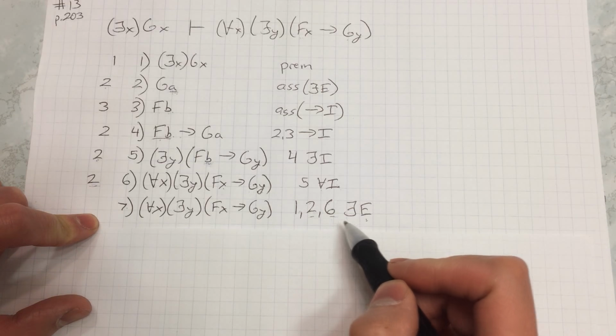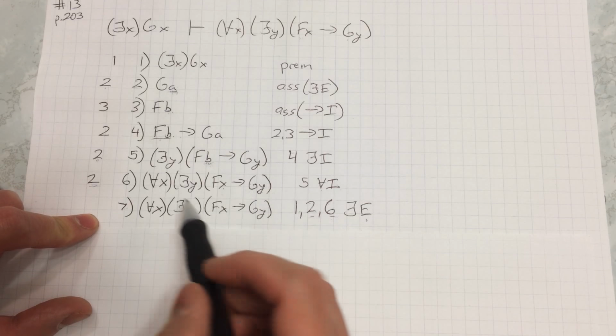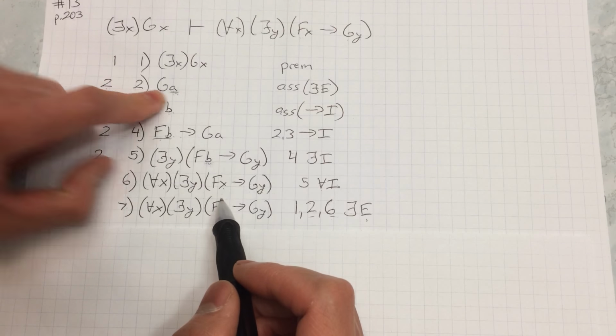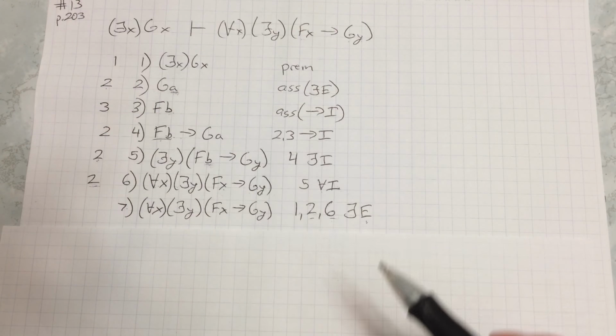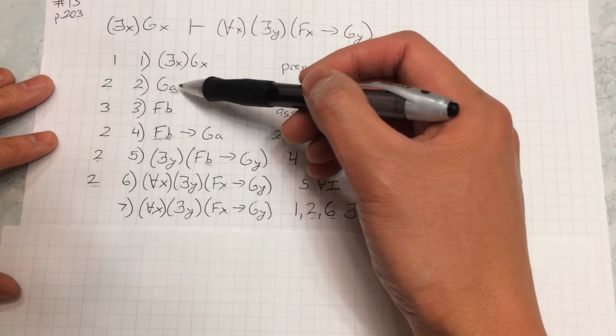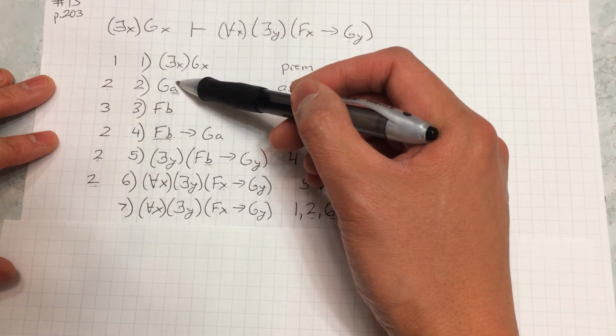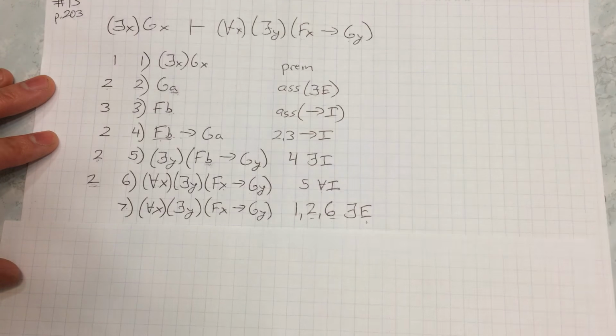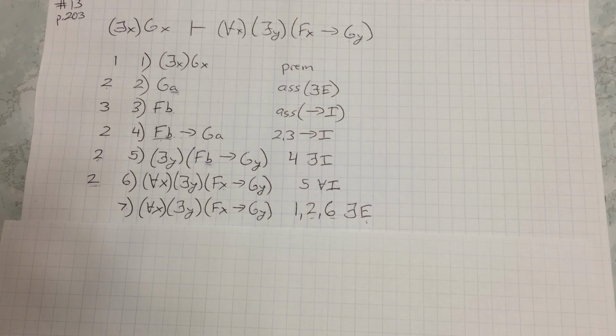Here, existential elimination says that we can get to this formula from any instance whatsoever. So here, if we change this, this would be an arbitrary instance. We can get to this formula without actually requiring that A be G.